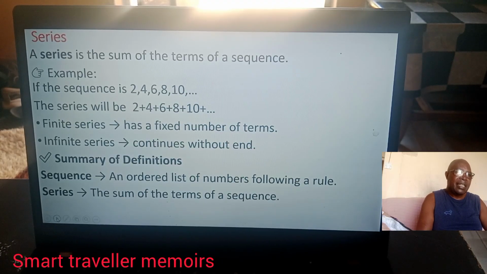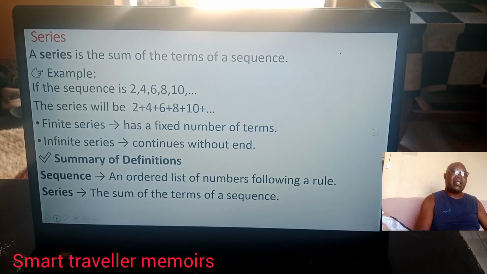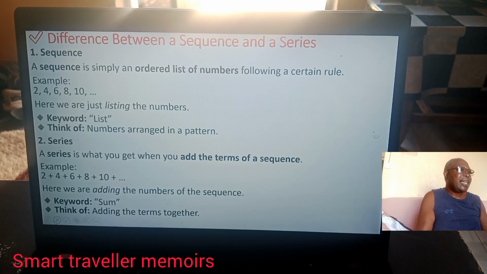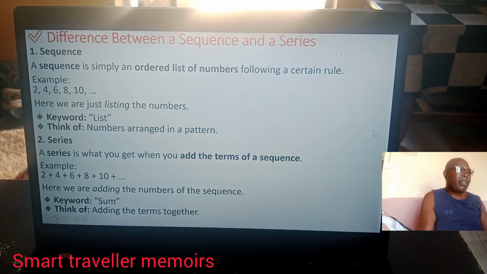Let's summarize the definitions and say a sequence is an ordered list of numbers following a rule, and a series is the sum of the terms of the sequence. Difference between a sequence and a series. A sequence is simply an ordered list of numbers following a certain rule, e.g., 2, 4, 6, 8, 10. Here, we are just listing the numbers. So the key word is list.